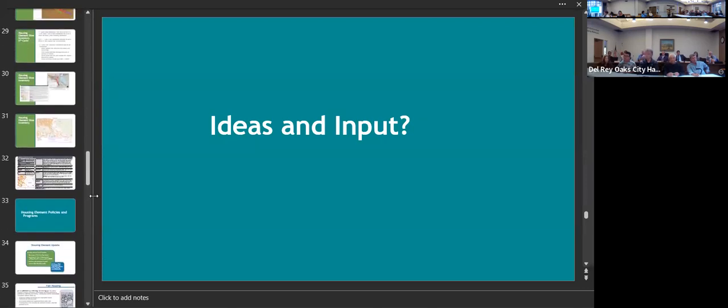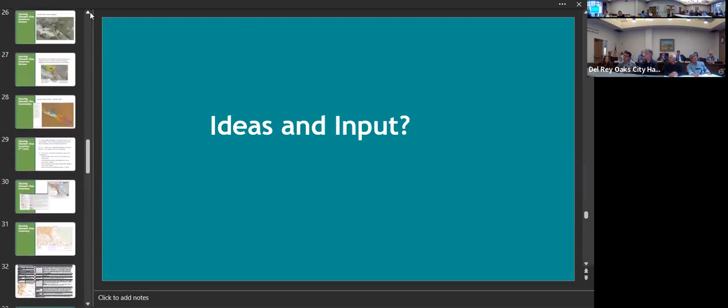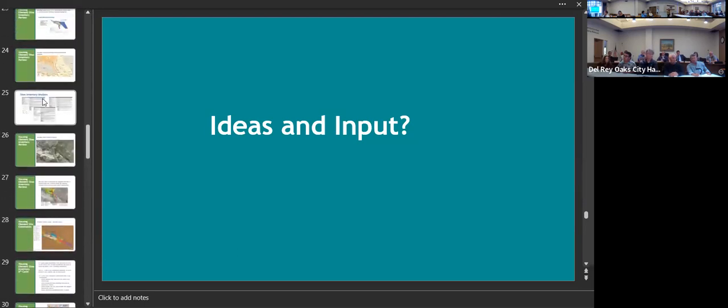But then the question is related to the RHNA, which provides a specific number: here's the amount of very low, low, moderate, and above moderate units that you need to meet, and they've given us that number already.